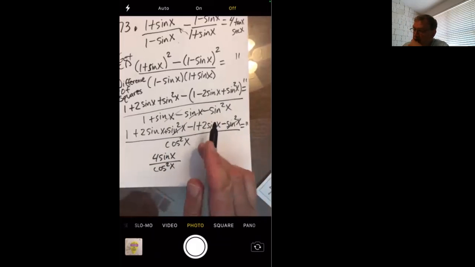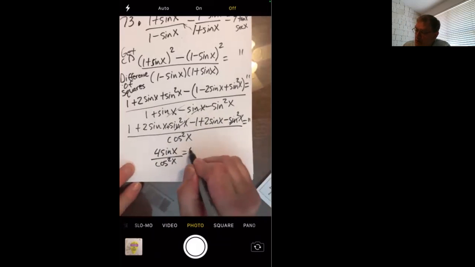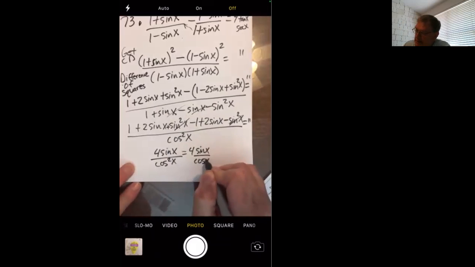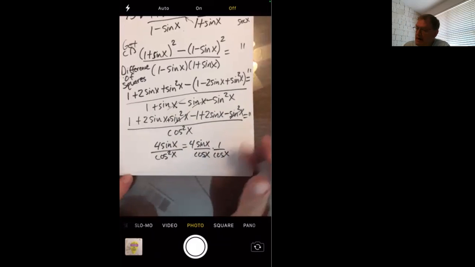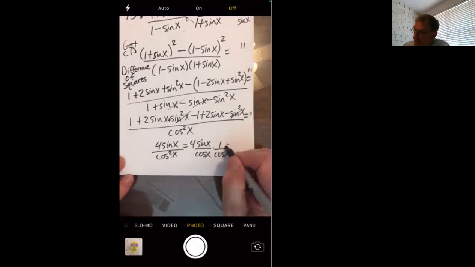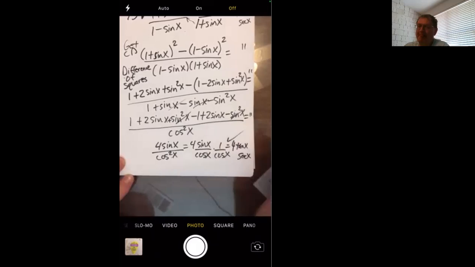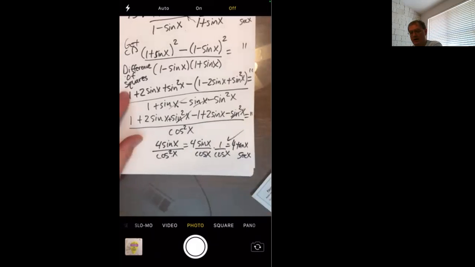Tangent times secant. If I write 4 sine over one cosine here, there'd be another 1 over cosine. Spread out, cosine squared is cosine times cosine. There is your 4 tangent and 1 over cosine is secant. There we are.